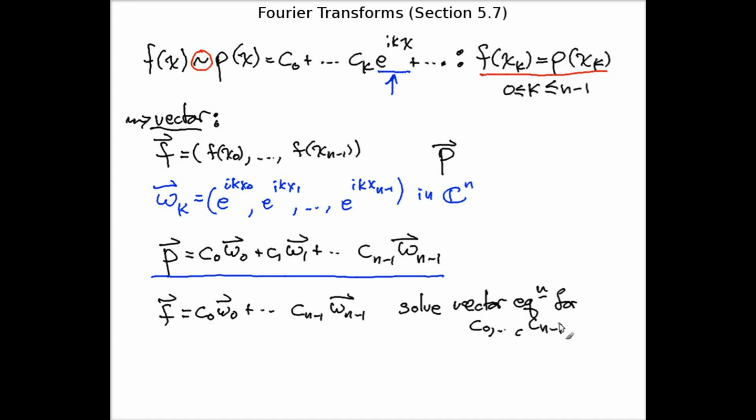So let's parse that for a moment. What am I saying? I'm given an n vector here, and I'm given a bunch of other n vectors, the omega 0 up through omega n minus 1. And I'm trying to write the given vector as a linear combination of these vectors on the right-hand side. That's clearly some kind of matrix equation.